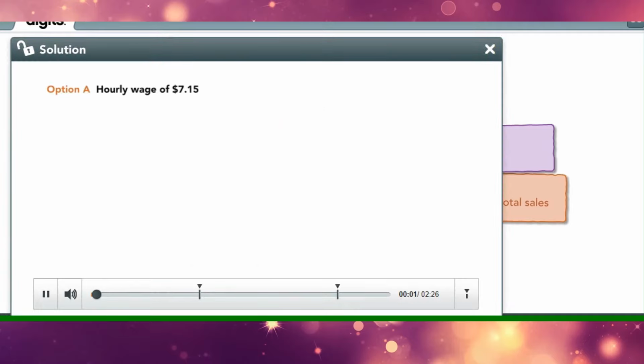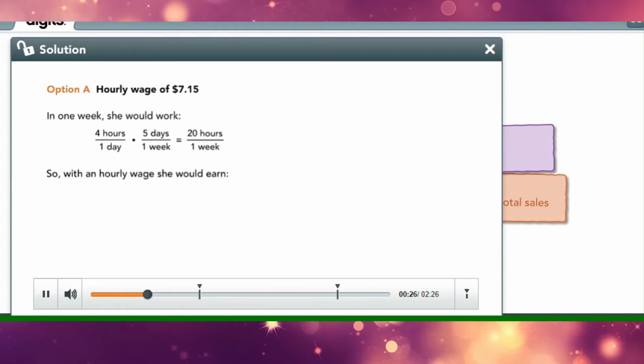Option A, hourly wage of $7.15. In 1 week, she would work 4 hours per day, times 5 days per week, equals 20 hours per week.